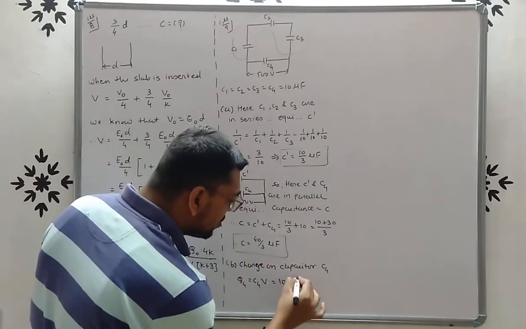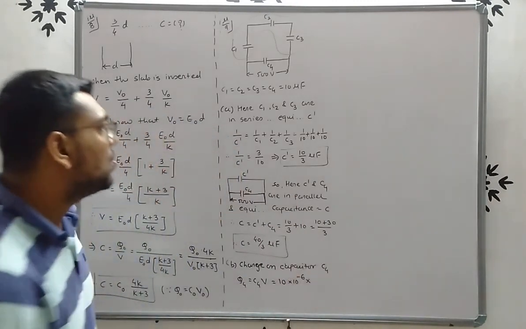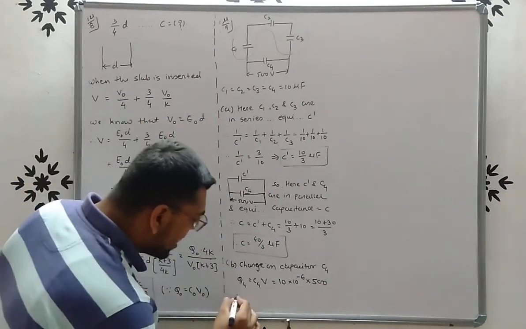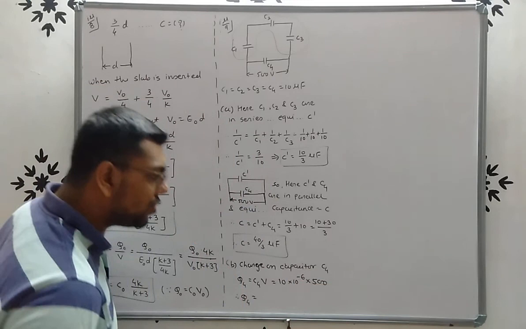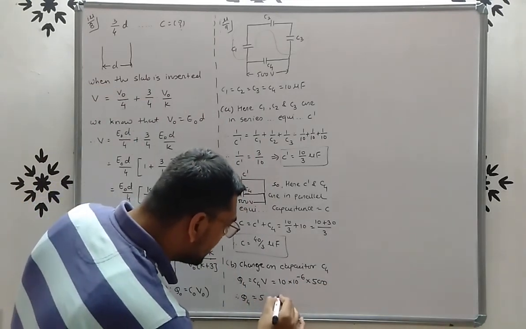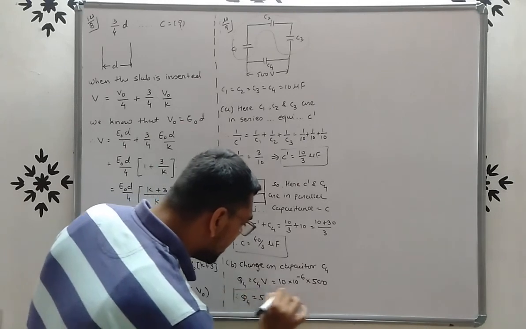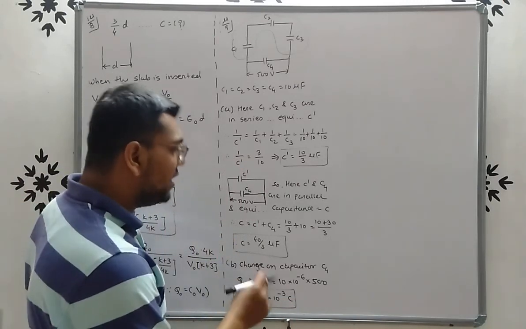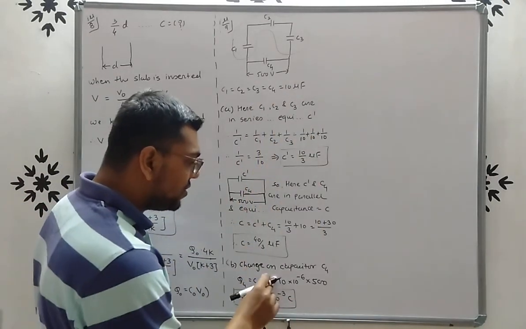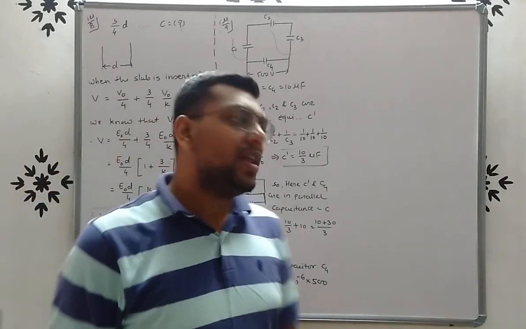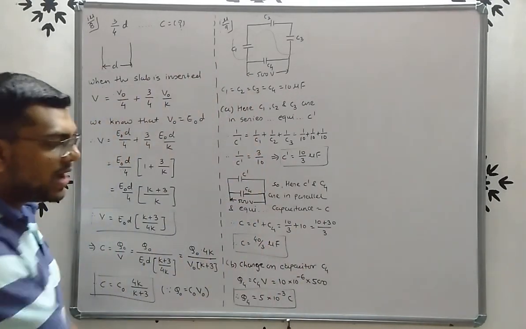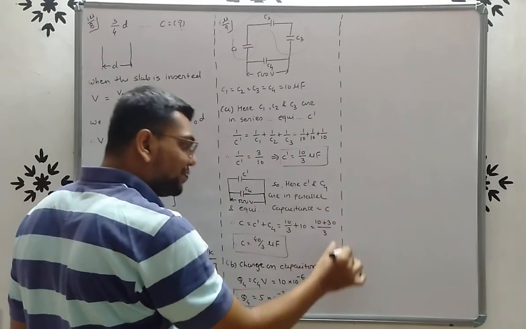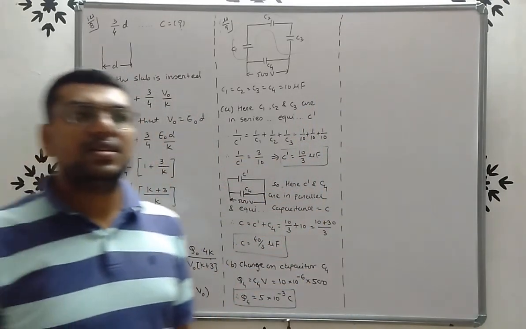So 10 into 10 raised to minus 6, into value of voltage, that is 500. So we get 5 into 10 raised to minus 3 coulomb. So charge on capacitor C4 is 5 into 10 raised to minus 3 coulomb.